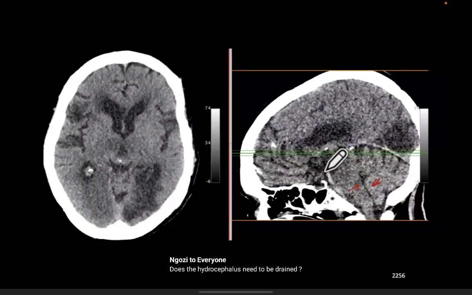Does the hydrocephalus need to be drained? Well, the problem is if you've got such an extensive stroke, usually there's no treatment. Why do they have infarcts? Well, they've got an occlusion of the basilar artery, and this extends into the posterior circulation.